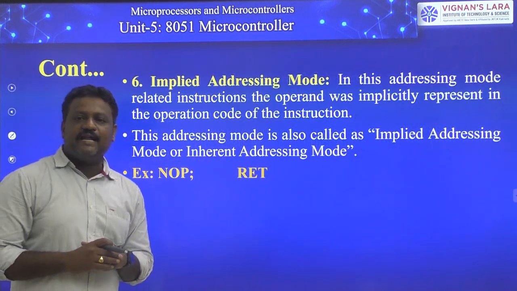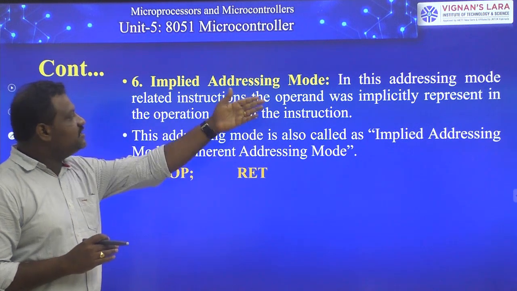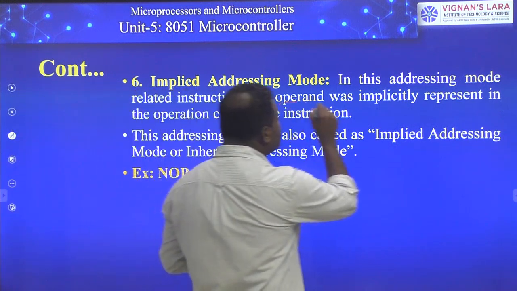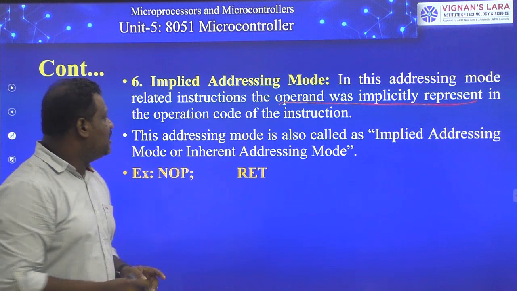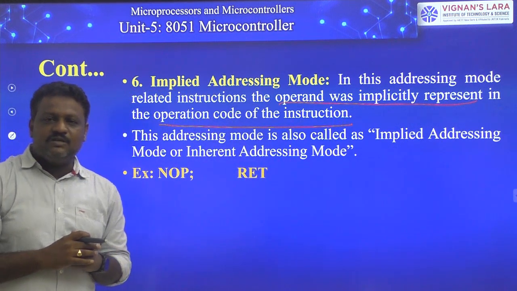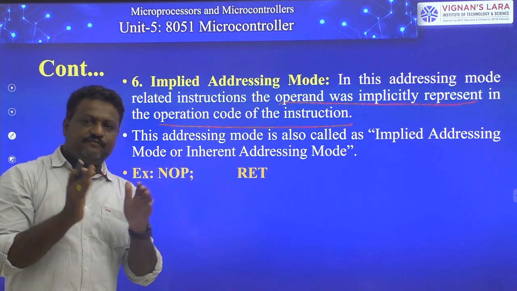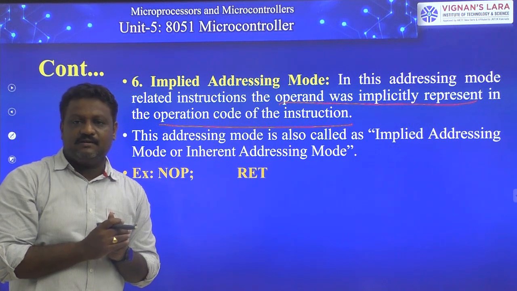Coming to the last addressing mode, the implied addressing mode. In the instructions of this addressing mode, the operand is implicitly represented, or the operand is included in the operation code of the instruction. In the previous five addressing modes, the operands are explicitly represented in the instruction.